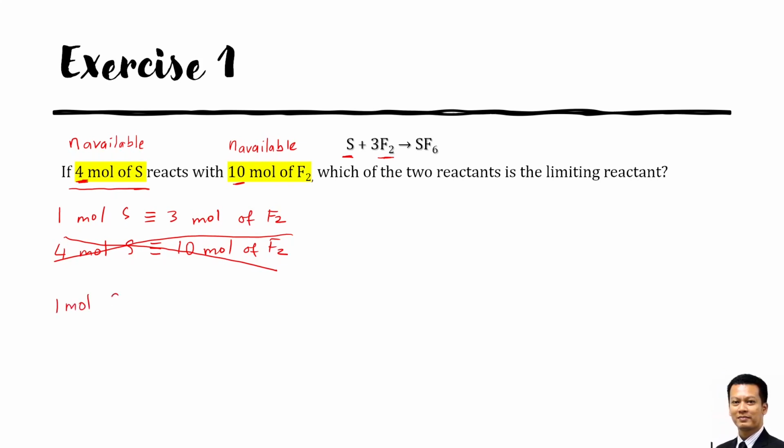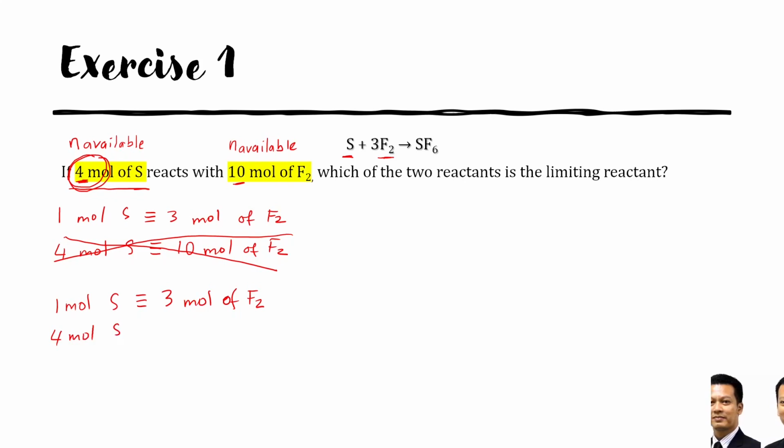Okay, so 1 mole of S actually can react with 3 mole of F2. Okay, so if you have 4 mole of S, how much will it react with F2? Is it 10? Is it 10? 10 is available. 10 is what is given to you.